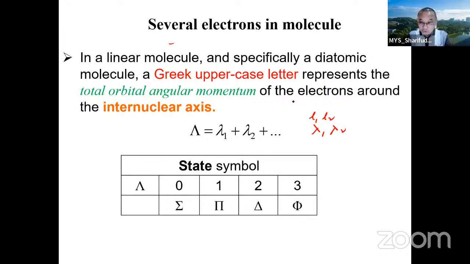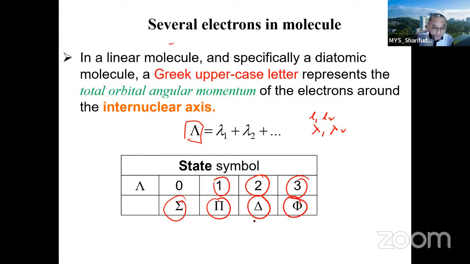So we're just going to use it straight away, and we don't have to think about how the molecular orbitals are formed from the atomic orbitals. So the state symbol, this is capital lambda. So you have capital lambda equals 0, we will use sigma. Capital lambda equals 1, we will use pi. Capital lambda equals 2, we will use delta, and then 3, we will use phi. Yeah.